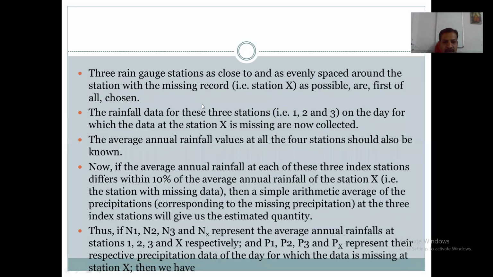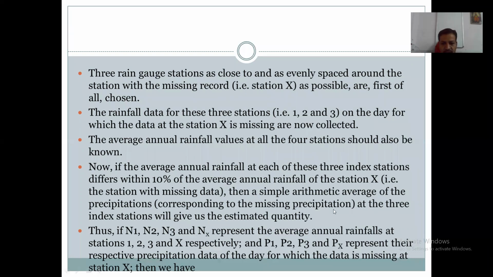So missing rainfall data is calculated by this method by knowing the average annual rainfall of the 4 stations, including the missing station. In that, the rainfall data of these 3 stations is known, and for the unknown station, it is calculated by knowing the average annual rainfall of each of the 3 index stations.